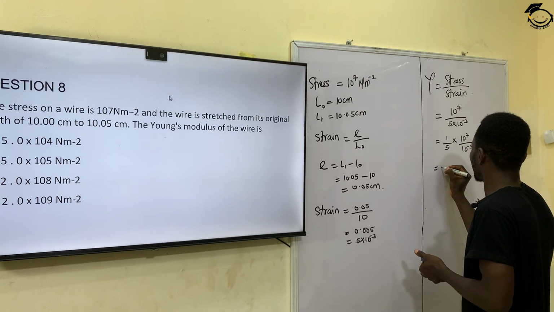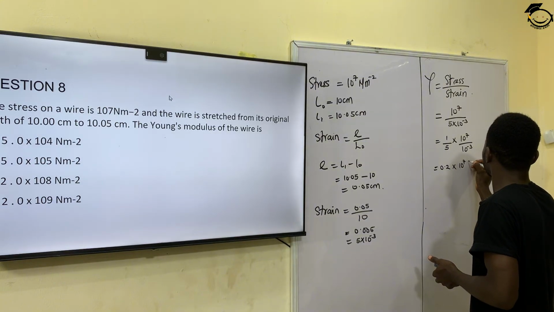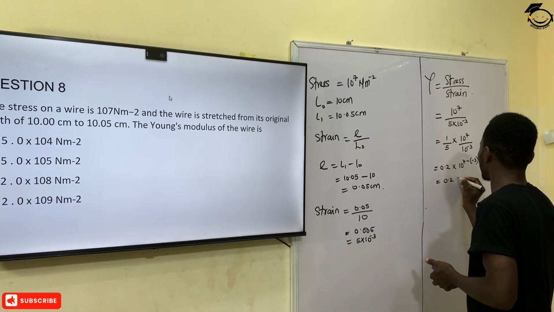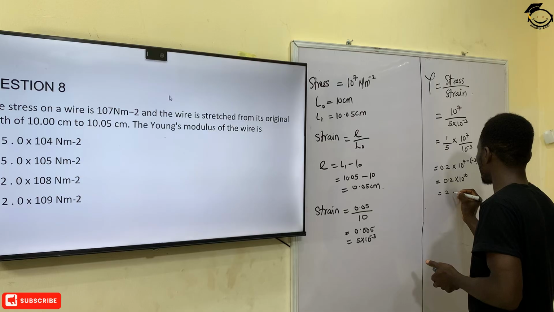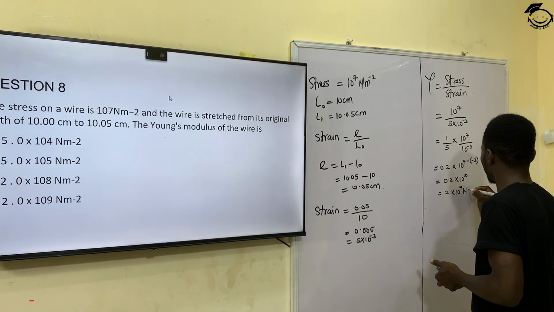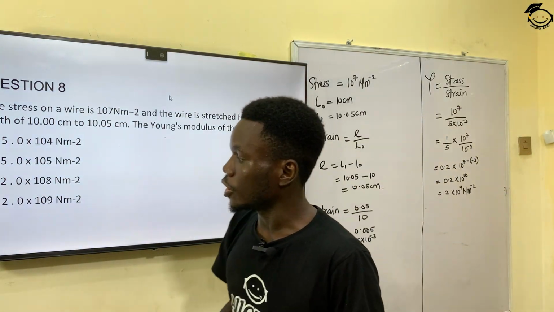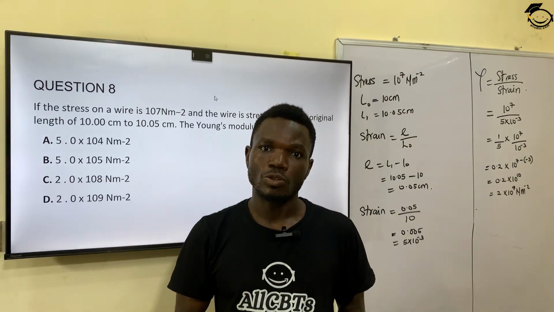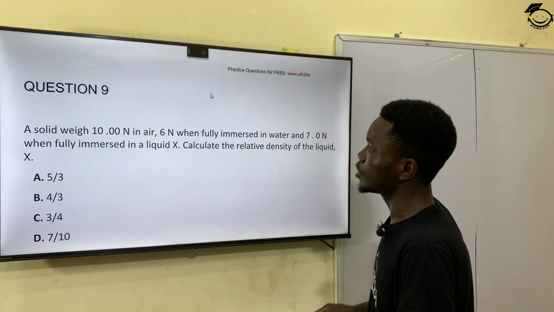So this will give me 0.2 times 10 raised to the power 7 minus 3, which is 0.2 times 10 raised to the power 10, which is the same as saying I have 2 times 10 raised to the power 9 Newton per meter squared. So the correct answer to this question is 2 times 10 raised to the power 9 Newton per meter squared. So that takes us to question number 9, which says a solid weighs 10 Newton in air.